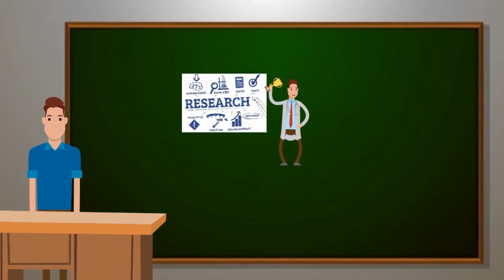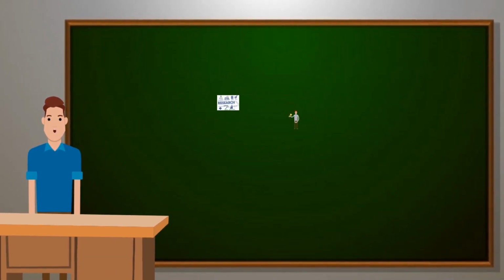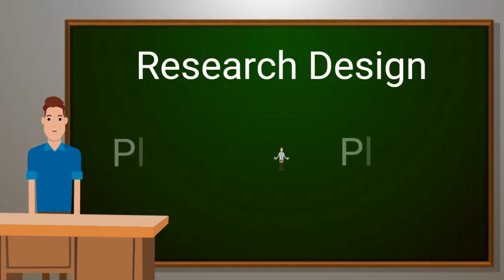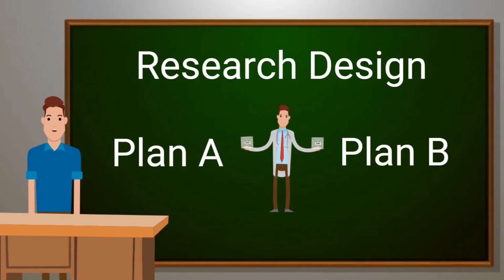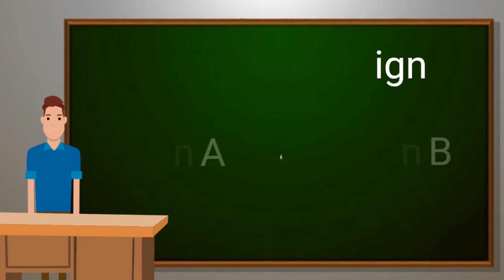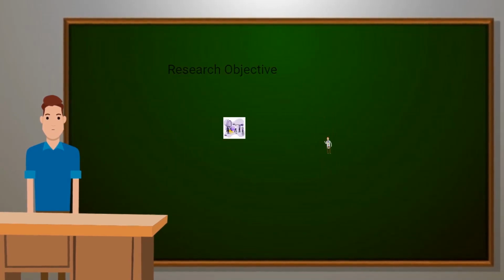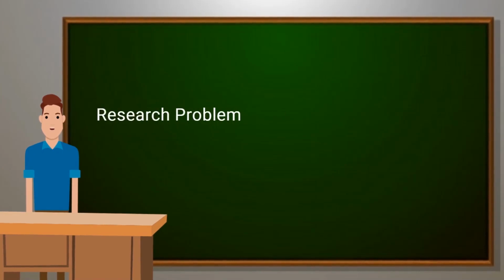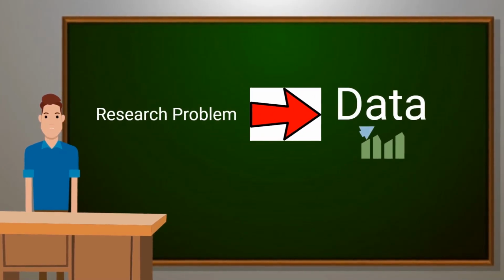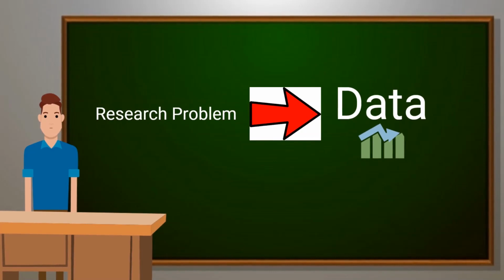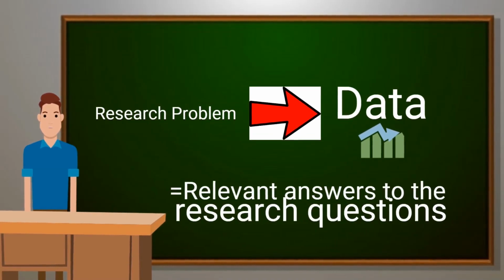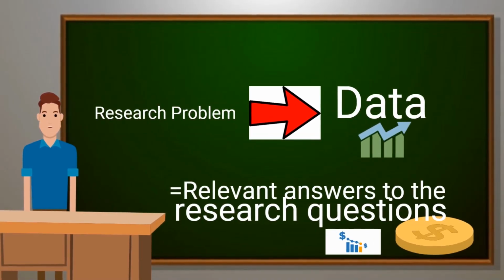For a research to be carried out successfully, it requires suitable research design. This is a plan adopted by a researcher before data collection commences so as to achieve the research objective in a valid way. The essence of research design is to translate a research problem into data for analysis so as to provide relevant answers to research questions at a minimum cost.